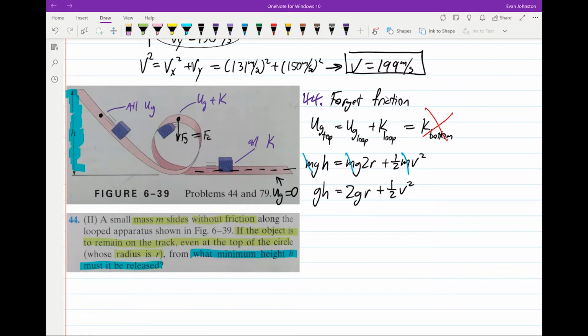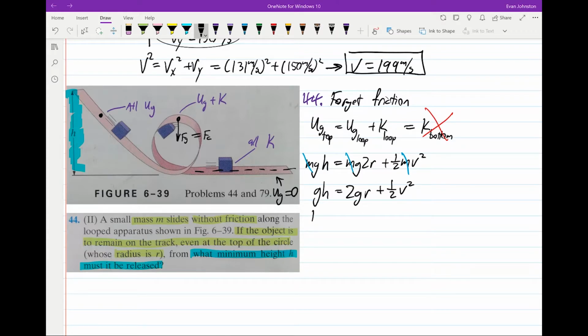We want the minimum, so that it's essentially the slowest speed and the lowest height that the box will make it through. And for that to be true, again, there is no normal force at the top of the loop.